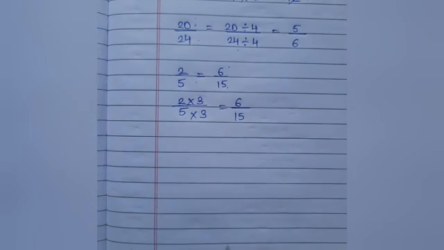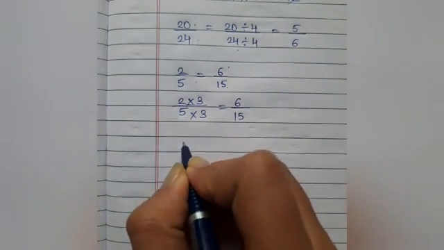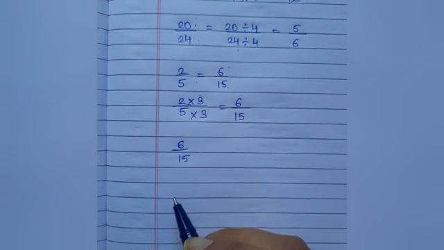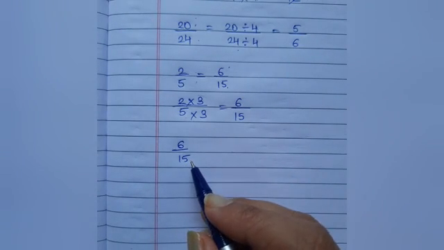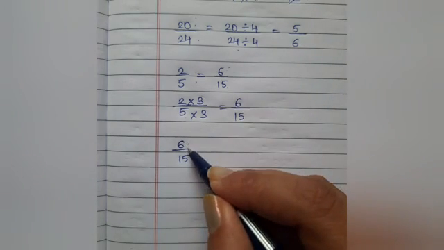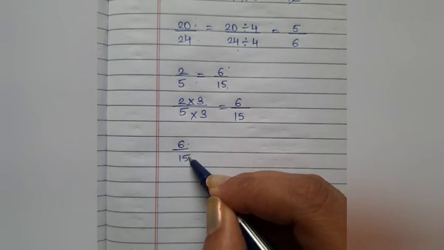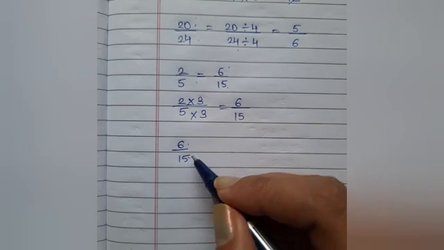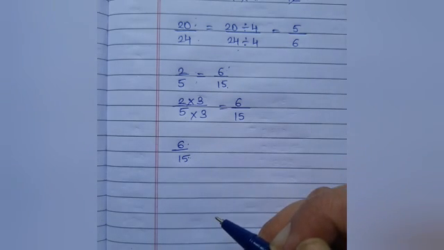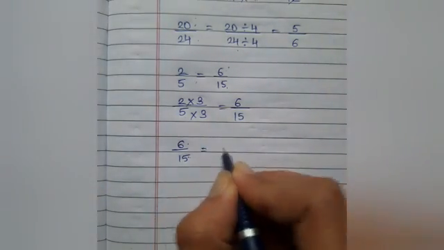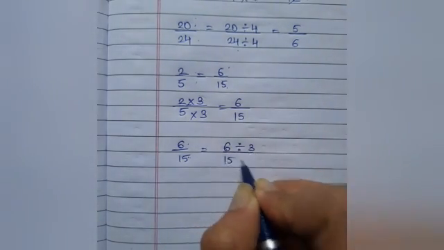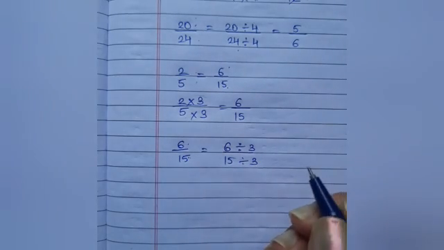Example, the fraction 6 upon 15. In this fraction, we see that both the numerator and the denominator appear in the table of 3. So we are going to divide 6 divided by 3 and 15 divided by 3.